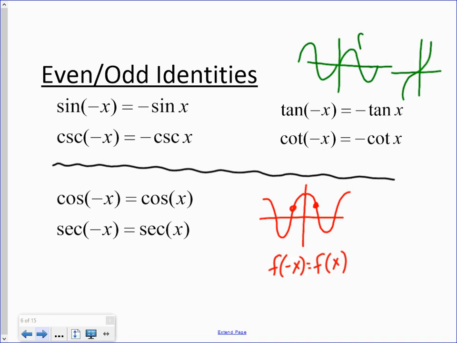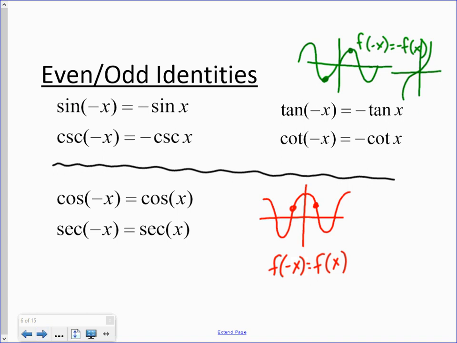These are examples where when you put in the opposite value of x, you get the opposite value of y. Like if you're doing the sine of pi halves, you would get positive 1. But if you do the sine of negative pi halves, then you get negative 1. So those are odd functions. If you put in a negative x, then the sign becomes negative. So now you know why those identities are what they are.